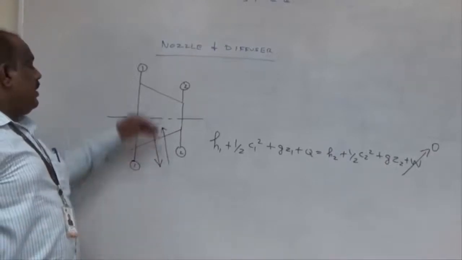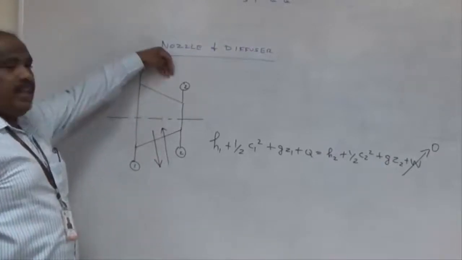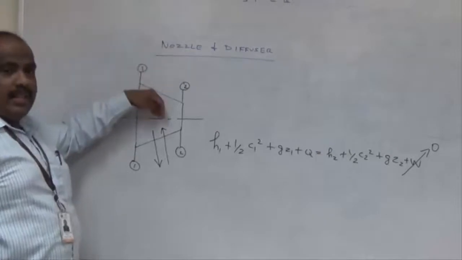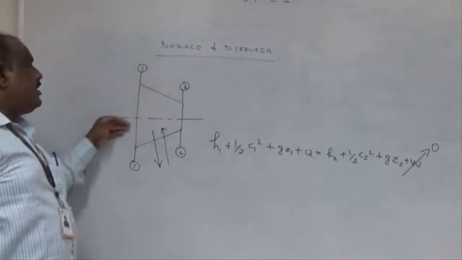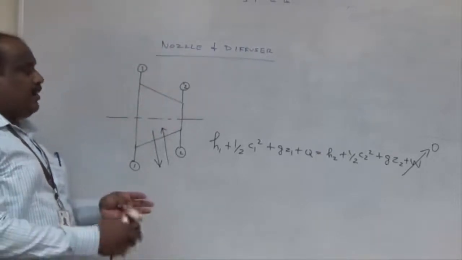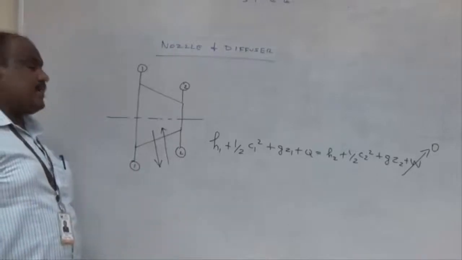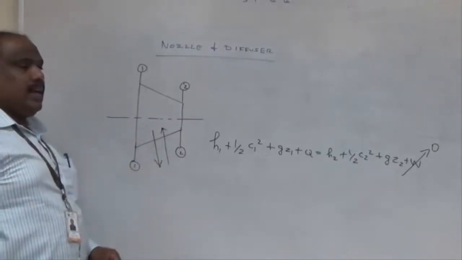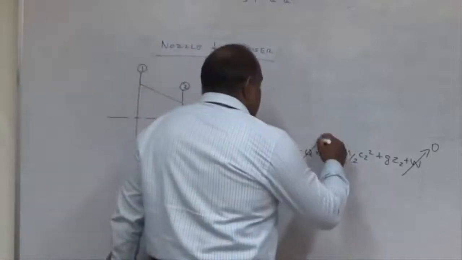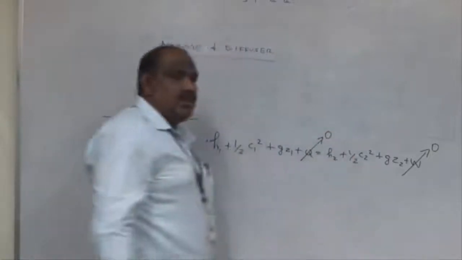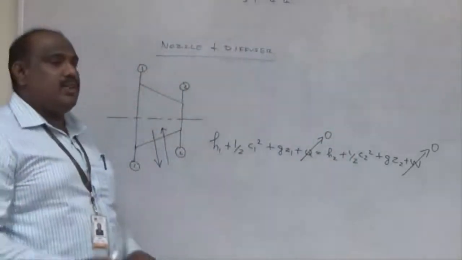We assume there is no heat transfer either way. But definitely there will be a change between H1 and H2. The heat will be converted into some other form of energy. But we assume that there is no heat loss. Here Q indicates heat loss to the surroundings, or heat gain from the surroundings because of the temperature condition.